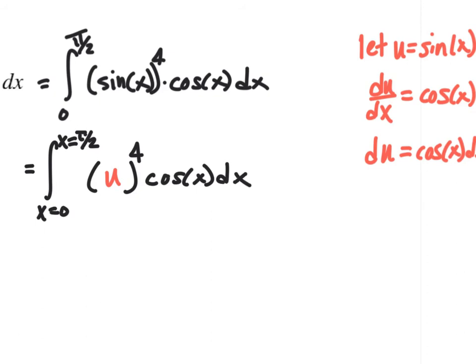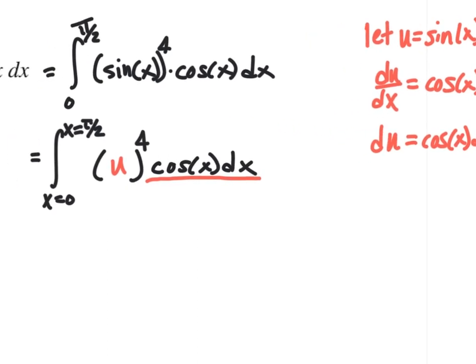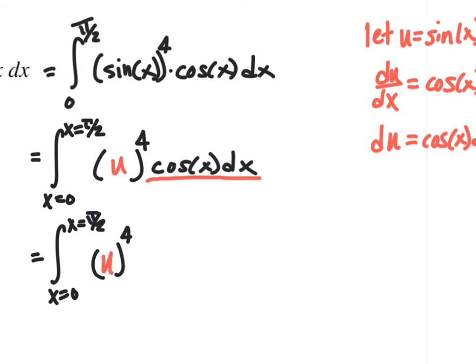Now, I need to substitute something in for cosine of x dx, and I know that cosine of x dx is equal to du. So I'm going to substitute du back in over here, and this is going to give me the integral from x equals 0 to x equals pi over 2 of u to the 4th, and then I'm going to multiply that by du.